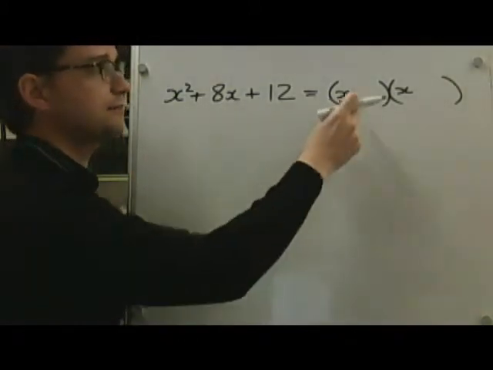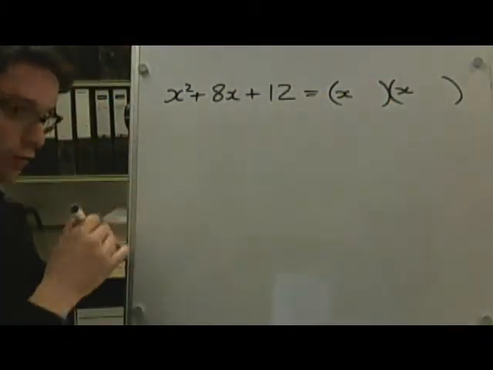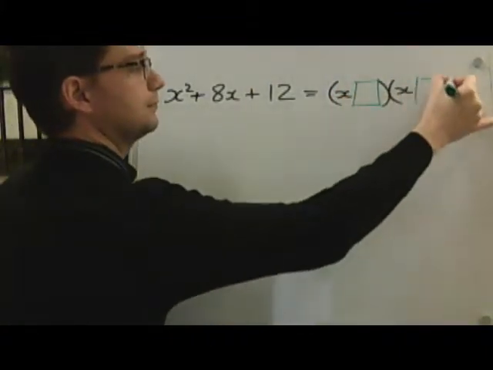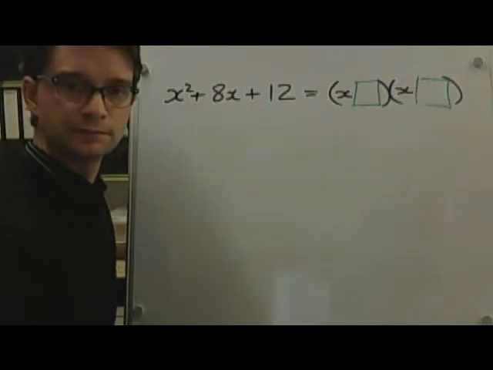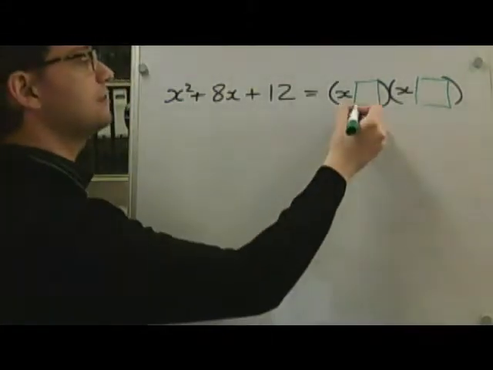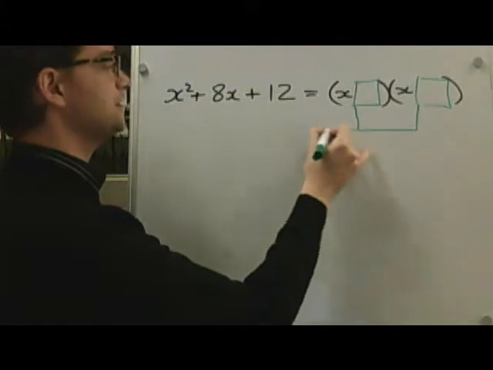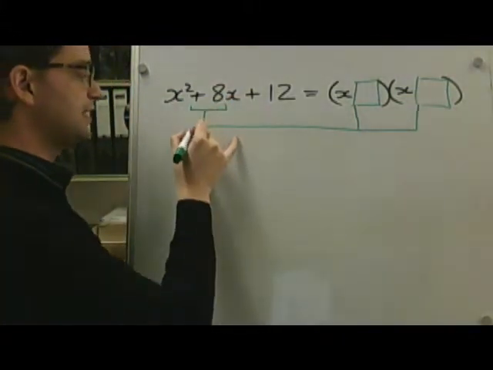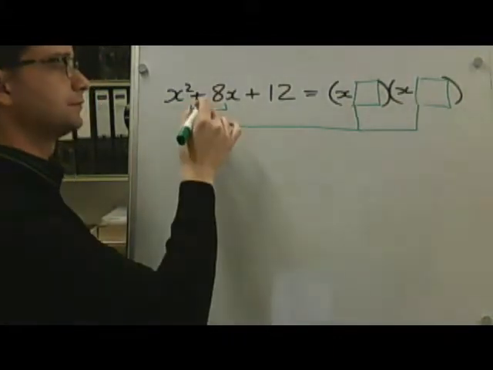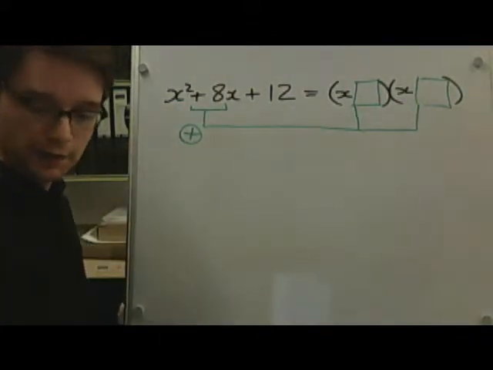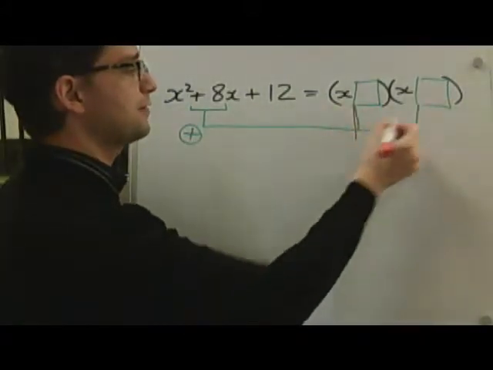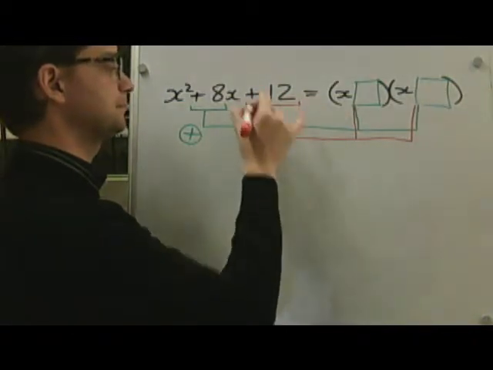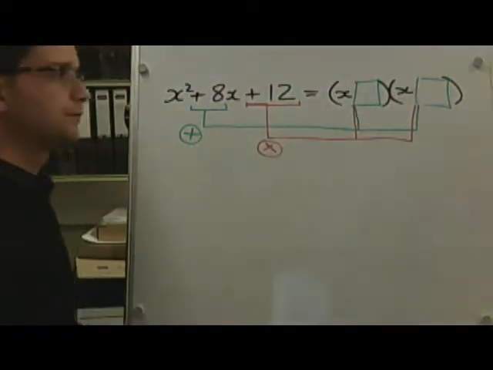The question is, what numbers am I going to put here? What we've just seen has to follow for this example. So I know that that pair of numbers have to add up to plus 8. I also know that that pair of numbers have to multiply to plus 12.